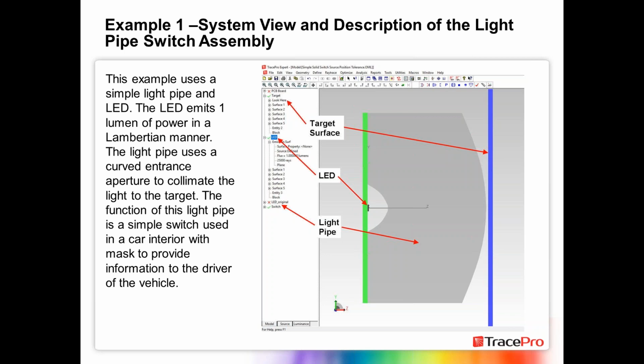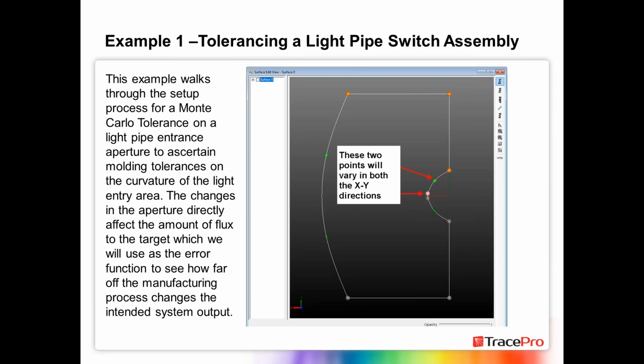Okay, so what we're going to do is that we've defined a target, an LED, and a switch, and we're going to perturb that light pipe switch by changing the inner area. Now that we know what we're going to be doing, we go into the interactive optimizer and set up the profile of that light pipe.